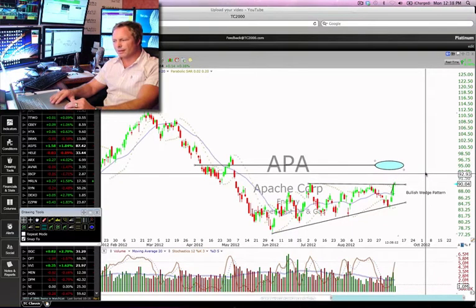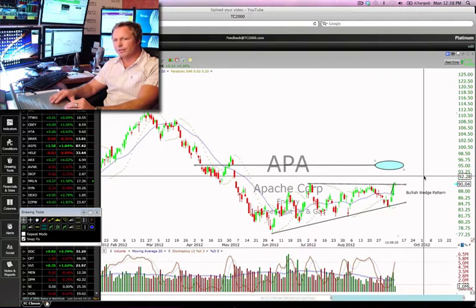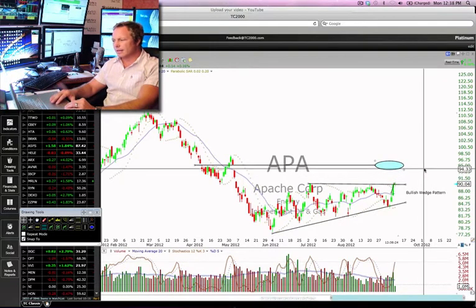If it gets above there, selling another third right into the 94 area, and then keeping the last third, raising my stop to 93 at this point to lock in profits all the way across the board, selling the last third into that gap fill, and big volume coming into that target at 95.